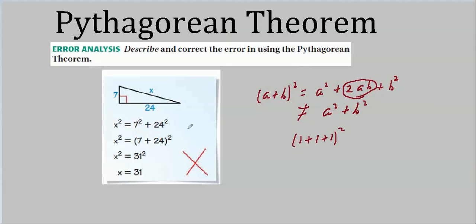Now, if you're going to assume that that's the same as taking 1 squared plus 1 squared plus 1 squared, well, 1 squared is 1, 1, 1. That equals 3. But if you add these up, 1, 2, 3 squared, that equals 9. So there's a huge difference. You can't just bring your exponent inside and apply it to each component individually. That's right out. Can't be done. That's what this person did, and that's all wrong.